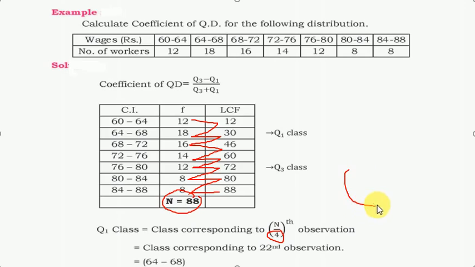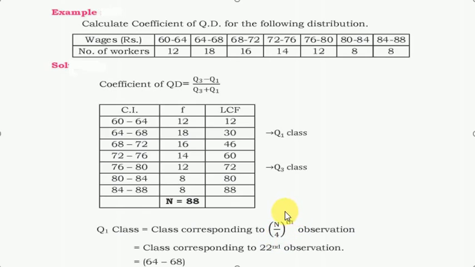Because it is a quartile, and quartile means 4 equal parts: part 1, part 2, and so on. If it were deciles, it would be 10 equal parts. If it is the median, it means 2, so we divide by 2.